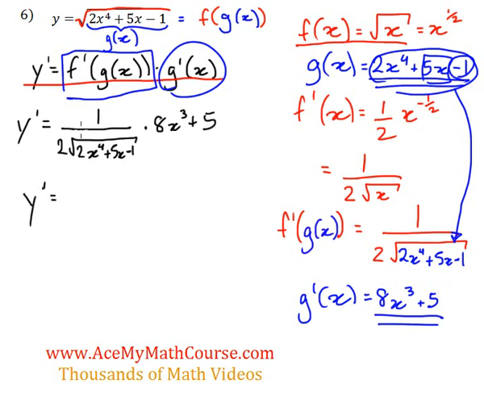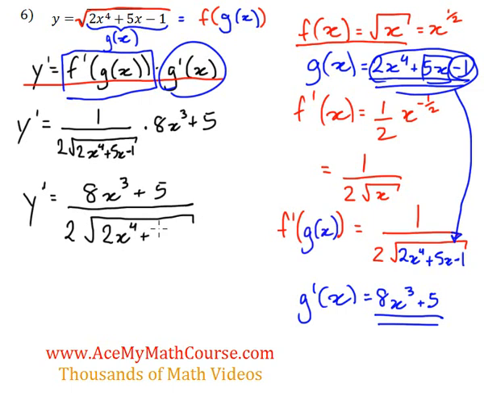So let's just simplify this a little bit. I'll just multiply that by 1 up top. So we're going to have 8x cubed plus 5 over 2 times the square root of 2x to the 4 plus 5x minus 1. And that's it. That is our y prime.